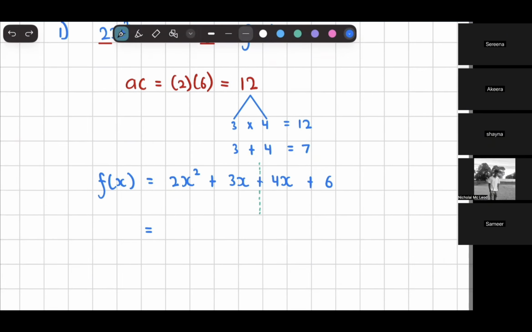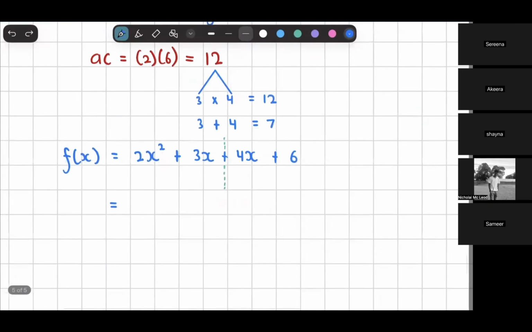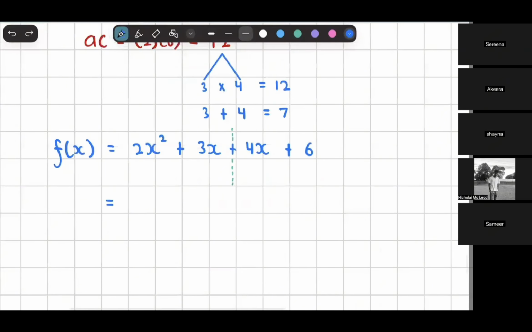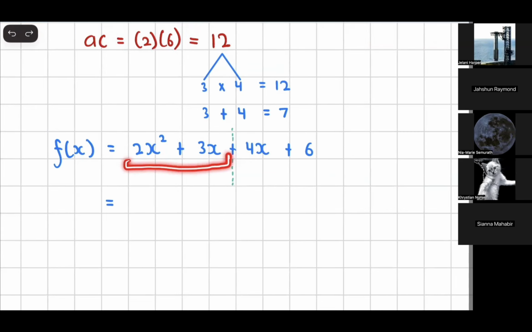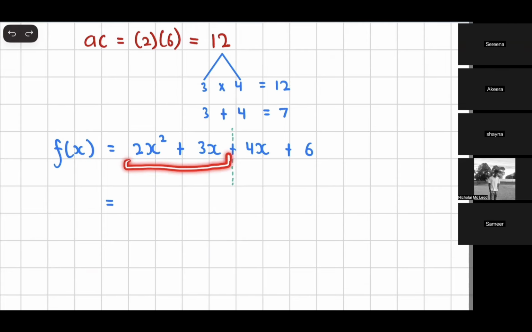Right, so what is the common factor between 2x squared and 3x? x. Yes. Okay, if you're confused, I want you to tell me, right? Who here is having a hard time seeing the common factors? If you are, please let me know. Kaylee, Christian, Nia, Jashon, Sienna, are you all having a hard time seeing the common factor? No, sir.